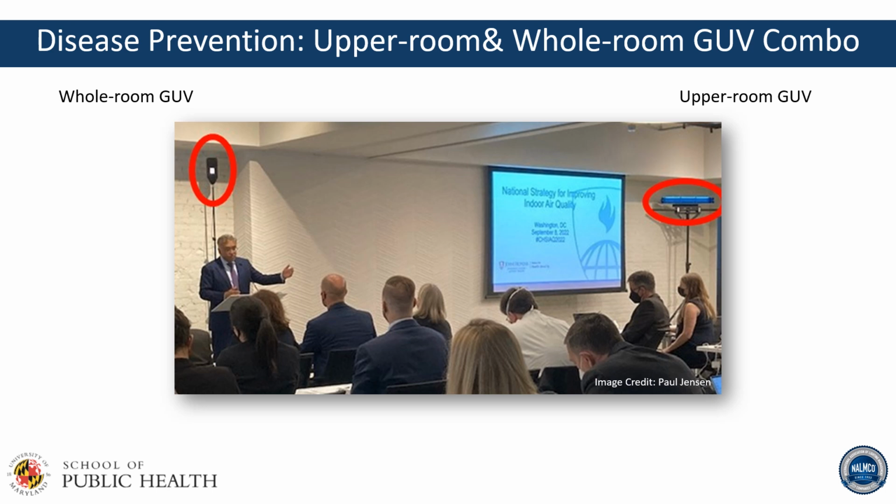This image offers a nice example of a whole room and upper room GUV installation, where you can see the left side of the image shows the whole room GUV fixture, and on the right side it shows the upper room GUV fixture.